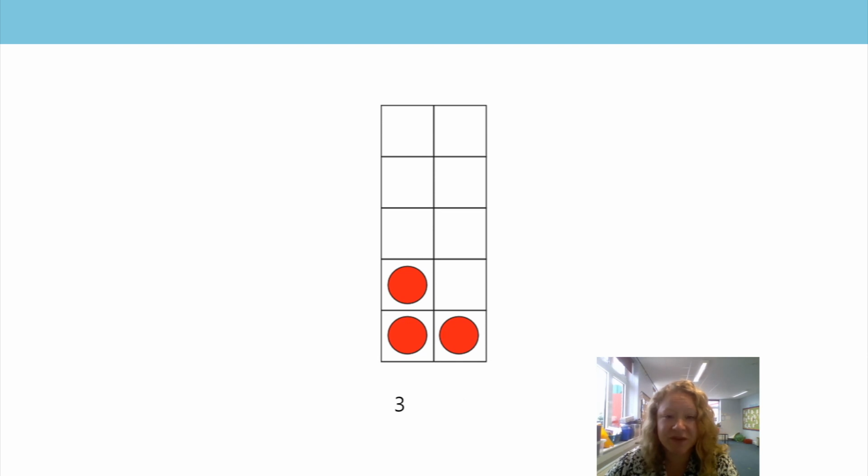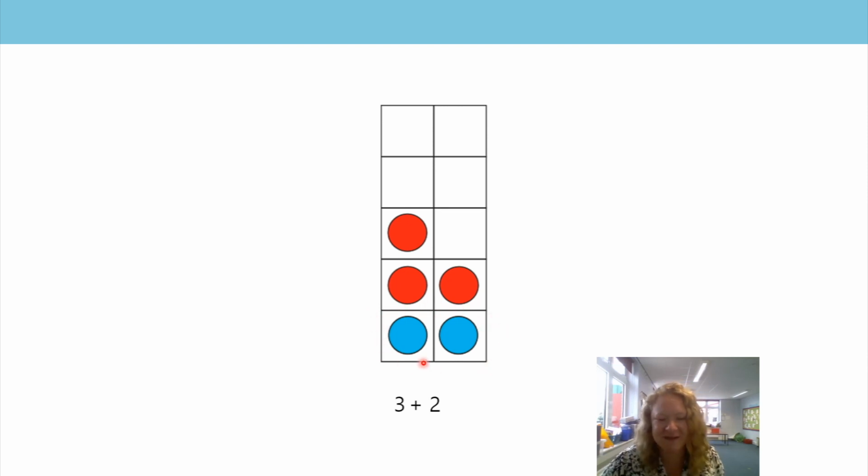Okay, so we're starting with 3 this time. Let's see what's the same and what's the difference to when we were doing it with the even numbers. Are you ready? 3 add 2. Okay, so they just slotted in again, didn't they? So what's the same? 2 more come and join the tens frame and push the other ones up.